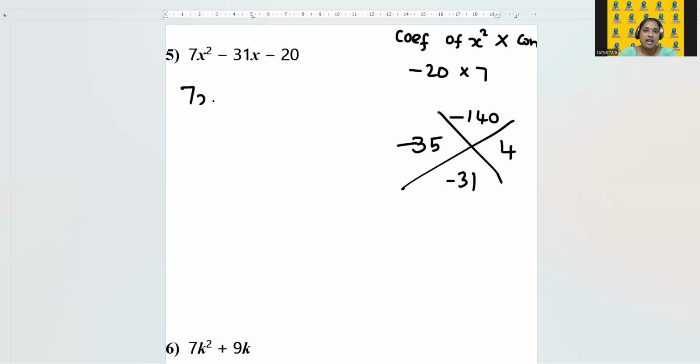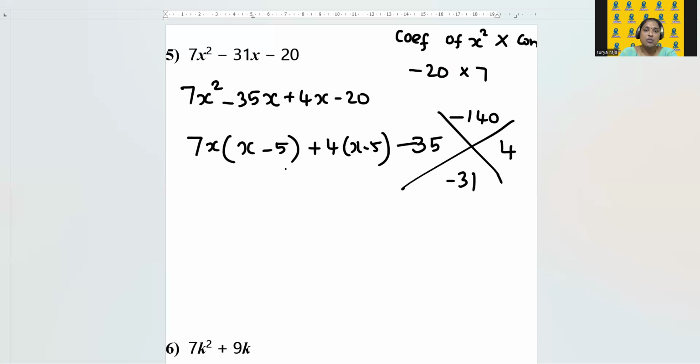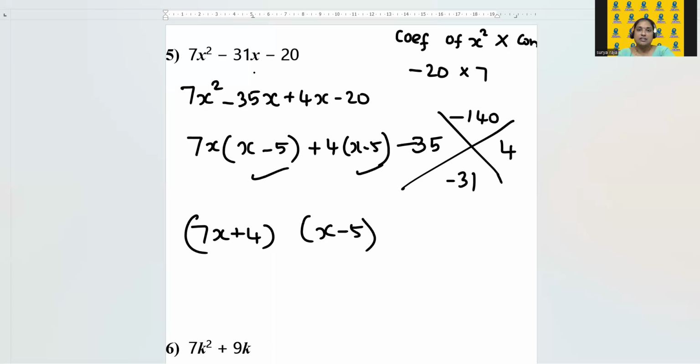So I can rewrite minus 31x as minus 35x plus 4x minus 20. And we take 7x as a common factor, x minus 5, and here 4, x minus 5 as well. Now we take 7x plus 4 and x minus 5 as the factors of this expression.